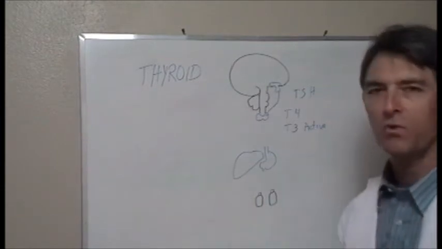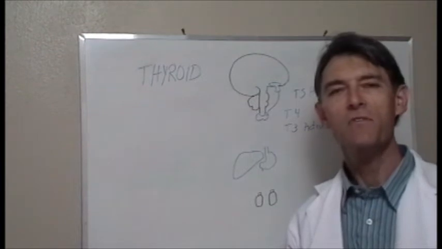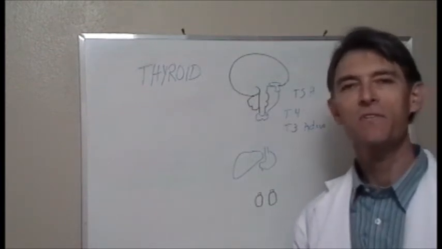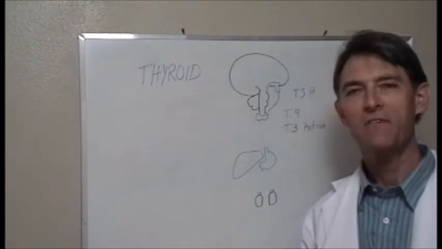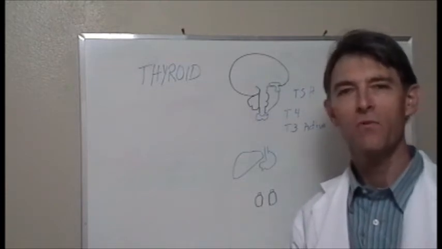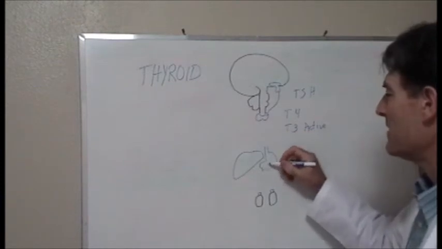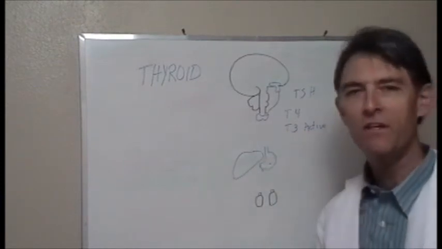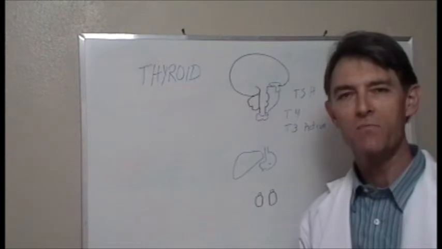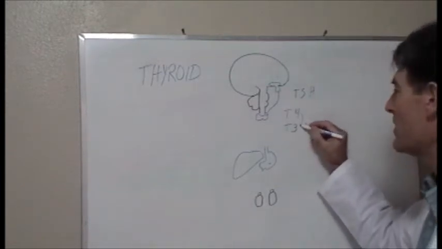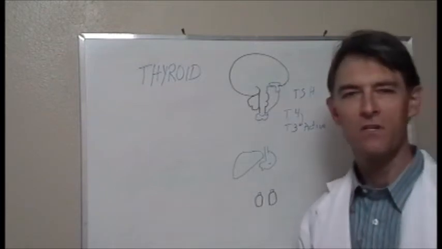That travels through and causes cellular metabolism in the rest of the body. T4 is inactive. It has to convert to T3 for it to become active. And that happens in the gut and mostly in the liver. These two areas are mostly where T4 is converted to T3.